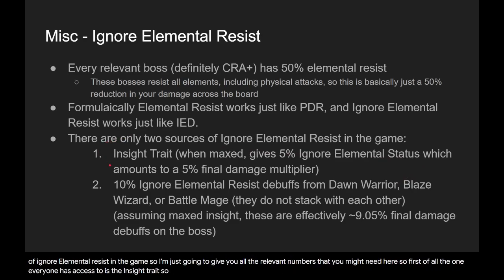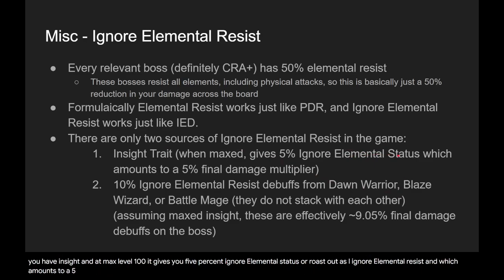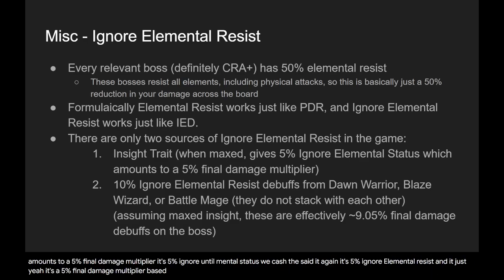If you click on your character and open up your traits, you have insight, and at max, level 100, it gives you 5% ignore elemental resist, which amounts to a 5% final damage multiplier. It's 5% ignore elemental resist, and it's basically a 5% damage output multiplier.